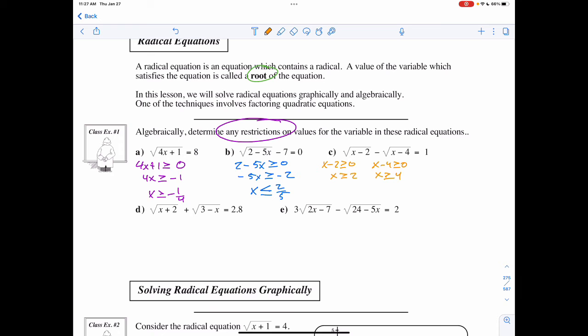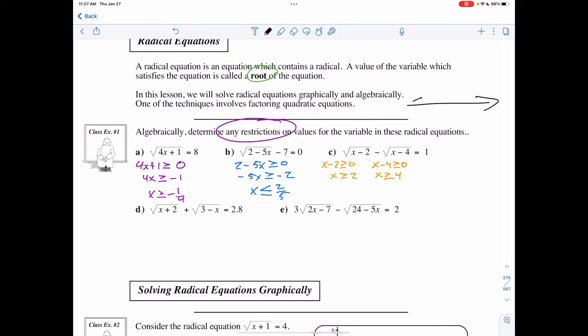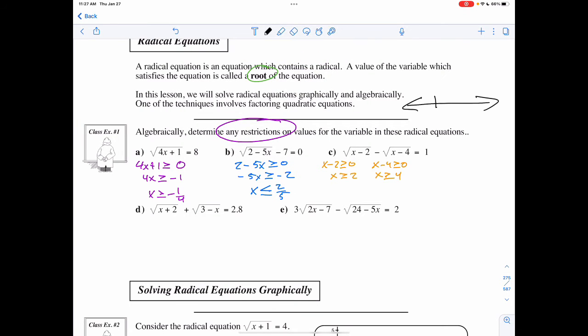Because both of these need to be true, I could think of it like how it would exist on a number line, where I'm going to have the 2 possibilities at 2 and at 4. If a number needs to be greater than or equal to 2, and it needs to be greater than or equal to 4, we can see that any number that is greater than or equal to 4 will always be greater than or equal to 2.